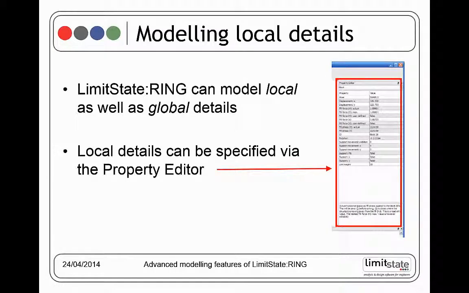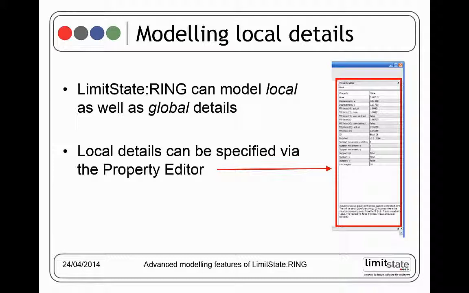If you haven't used the software before, or if you haven't used this particular aspect of the software, then the key thing to point out is that the property editor that appears on the right-hand side of the screen is the gateway to modelling local features.